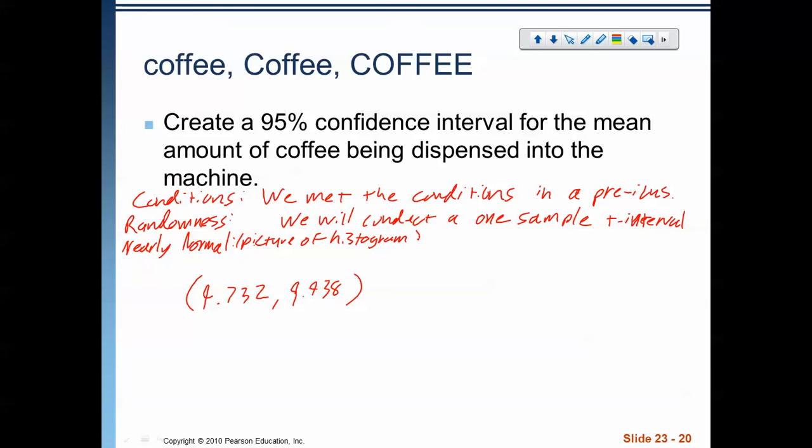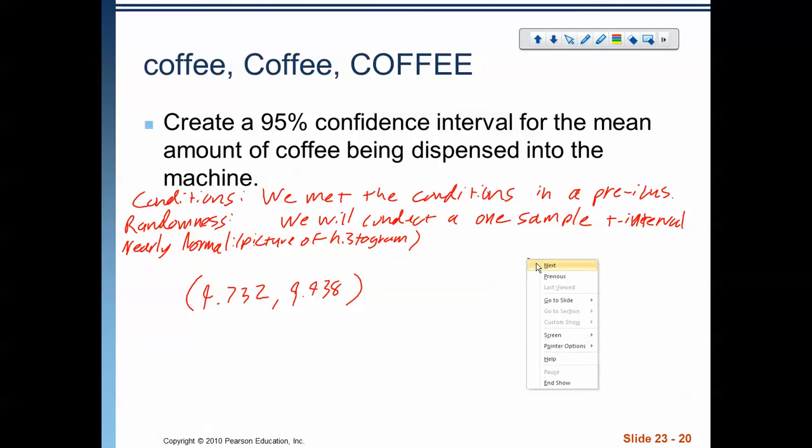Again, we proved these conditions were met in a previous video, and so I'm not going to redo them here. Again, you can watch the last part of the video on the hypothesis test with this question if you'd like to see that. So conditions were met.